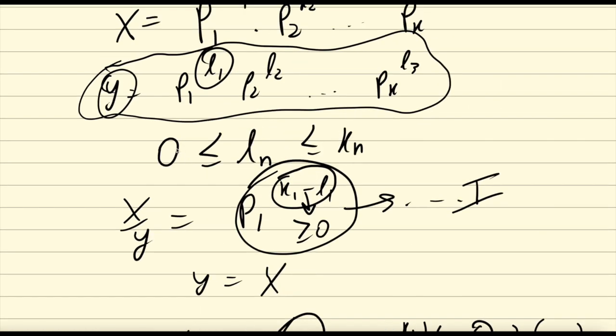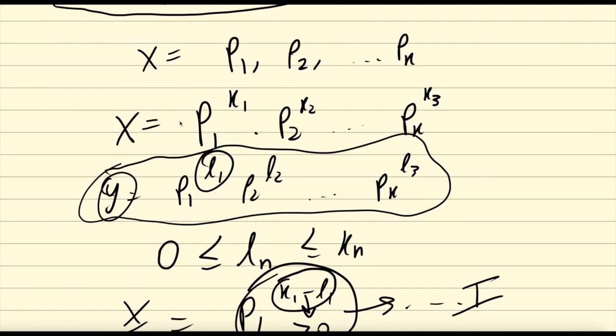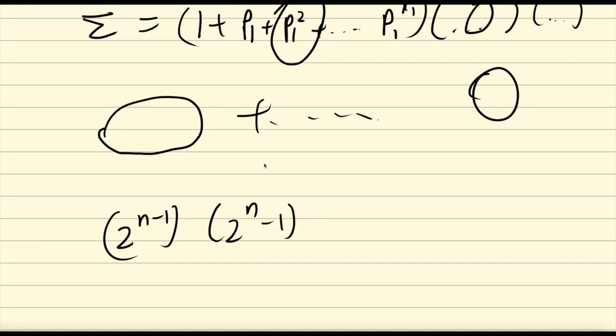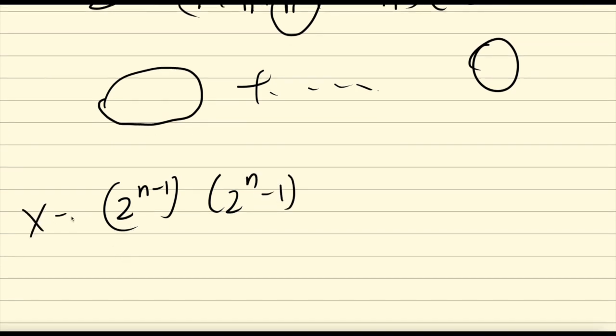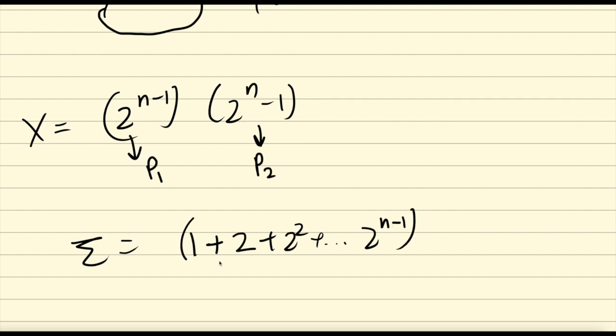So now why is this useful? Well, let's say we take this number 2 to the power n minus 1 into 2 to the power n minus 1. Well, we have 2, and let's say this is x, and now we know that 2 is a prime number, and we have also been given that 2 to the power n minus 1 is also a prime number. So now we can write the sum of all the factors of x as 1 plus 2 plus 2 square plus up until 2 to the power n minus 1, right?